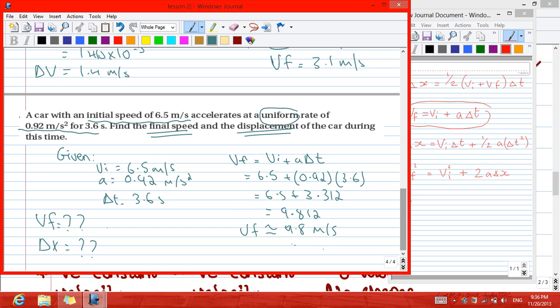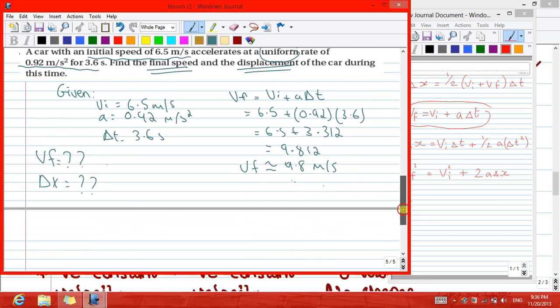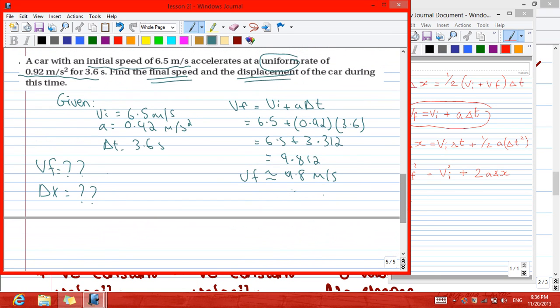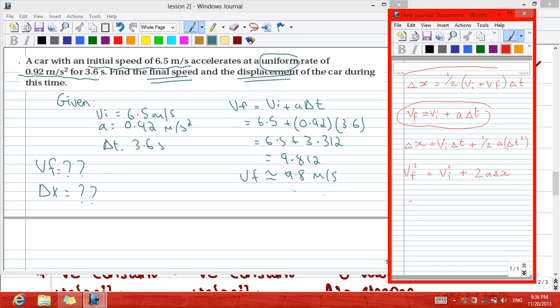Now the second part, for the delta x, we need an equation again that has the Vf, the delta T, the Vi. You can use any equation that has these, but the easiest one would be the first one.